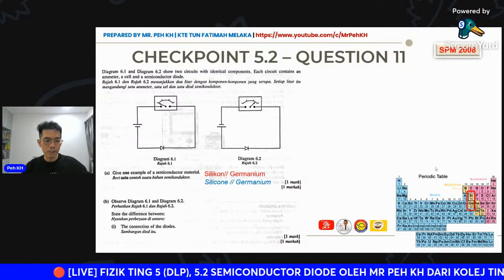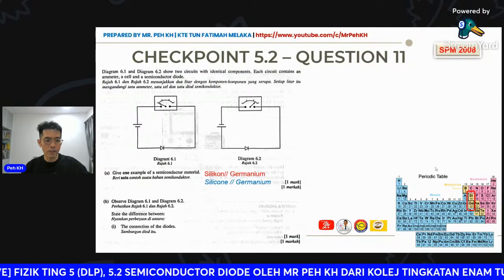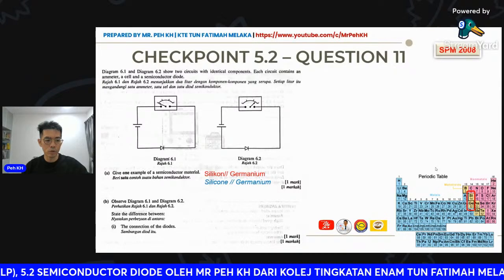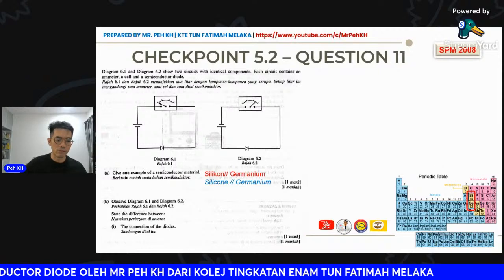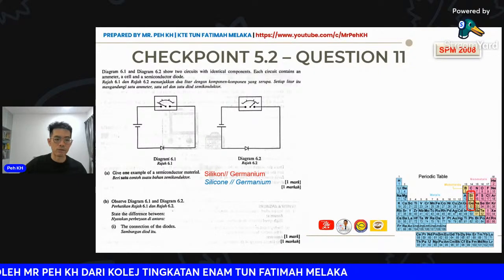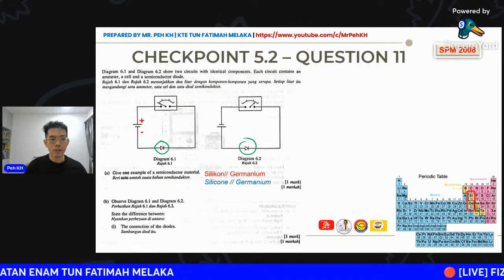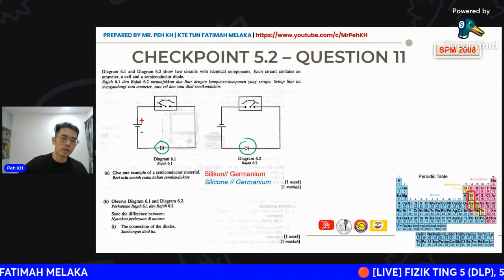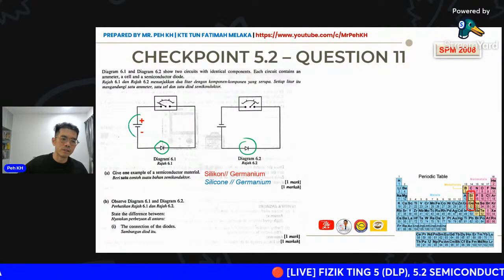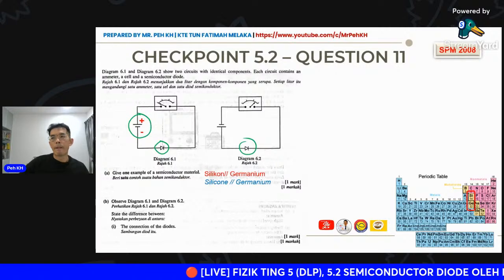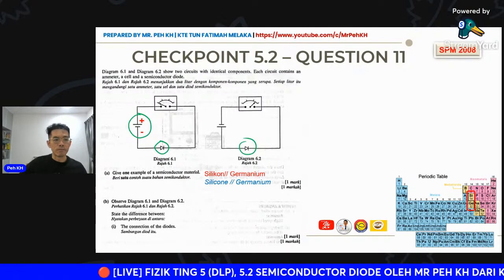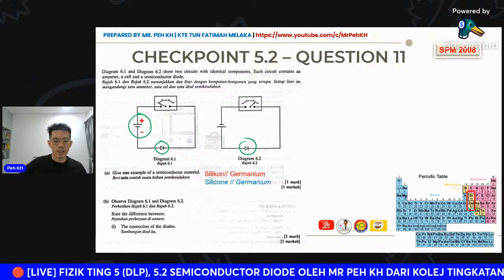Then B, observe diagram 6.1 and 6.2. The question asks you to give the difference between the connection of the diode. We need to look at the terminal of the battery. The longer one is positive, the shorter one is negative.